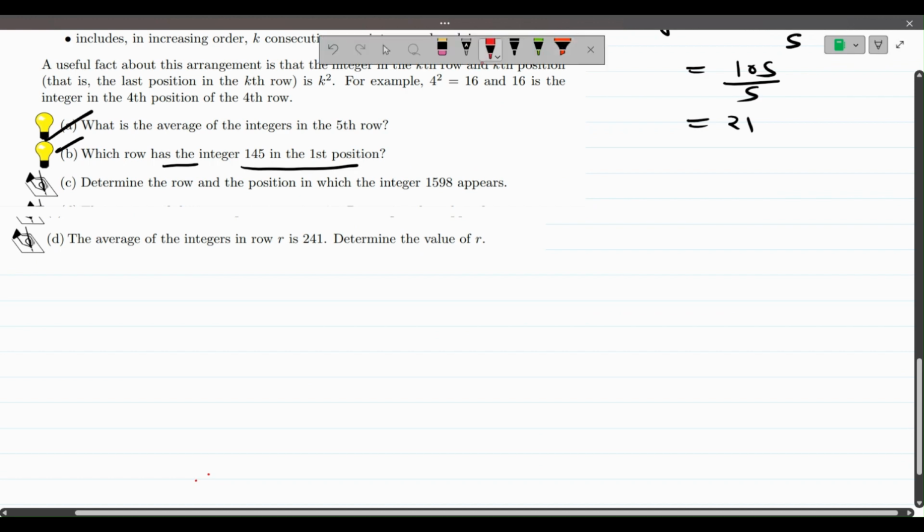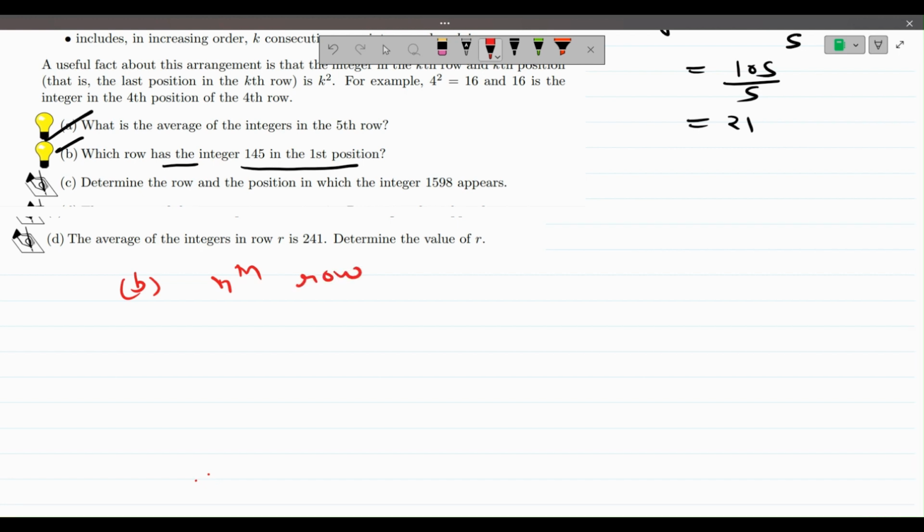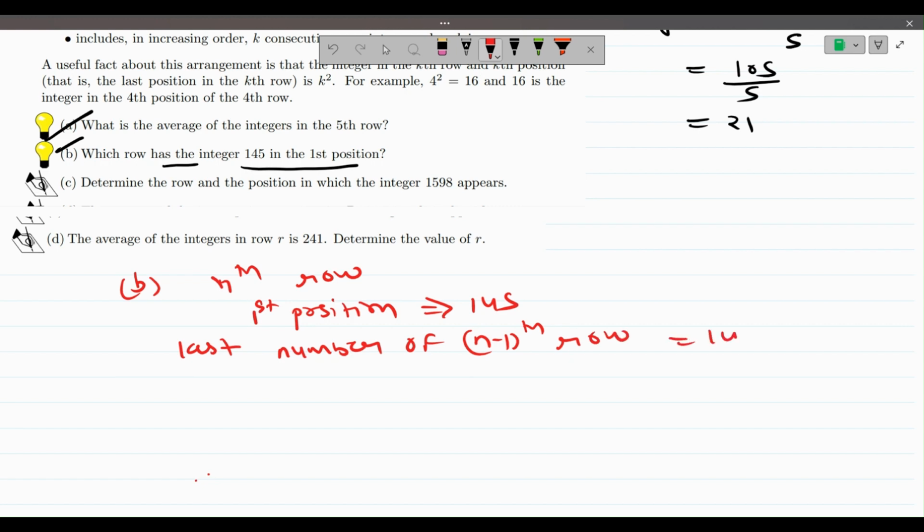So we consider that the nth row has 145 as the first position. So the last number of the (n minus 1)th row would be 144.